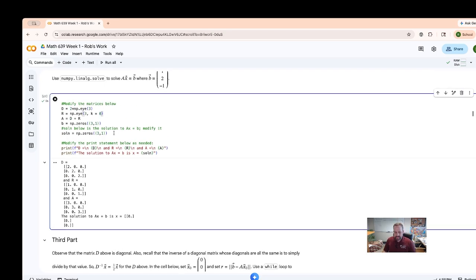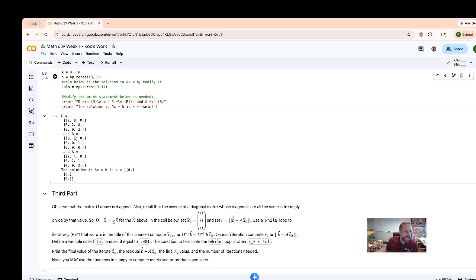But if k is equal to 1, that's going to give me a 3 by 3 matrix where the diagonal above the main diagonal is all ones. If I run this, we see exactly what we get: 0 1 0, 0 0 1, 0 0 0. Those entries, the 1 and the 1, are the diagonal above the main diagonal.